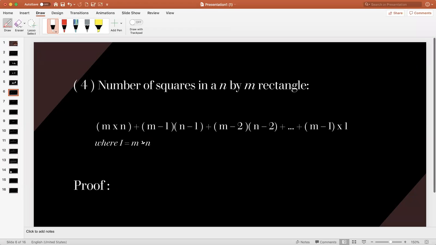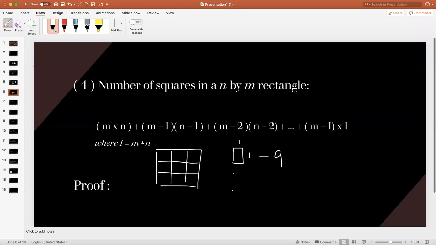The proof behind that is, if we start off with an example of a 3 by 3 grid right here. We count the number of 1 by 1 squares we have. We have 3 by 3, so we have 9 of them right now.